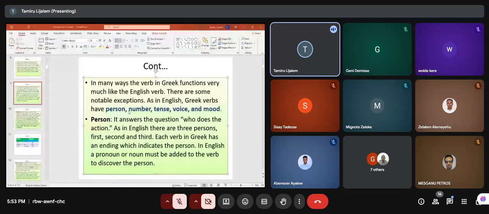In terms of aspect, we also have three probabilities: either it is heuristic, an undefined action, simply describing the action without marking it; or perfective, either present perfect or past perfect; or else it is imperfect, which means continuous aspect. So if you add these three time tenses and three aspect tenses, we have a total of 6 tenses in Greek.